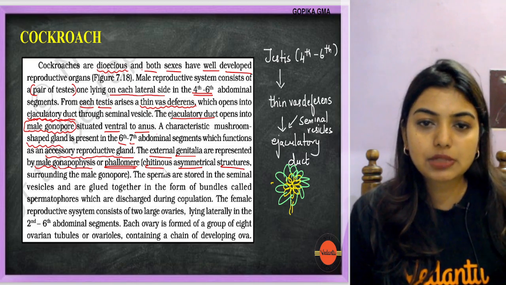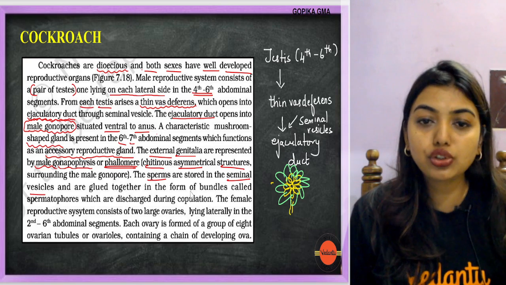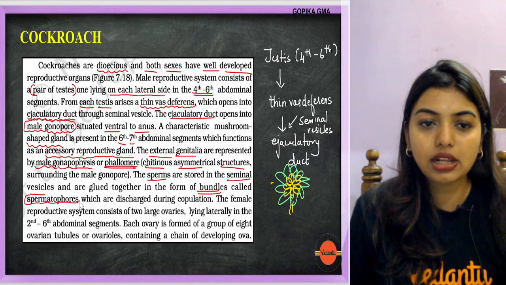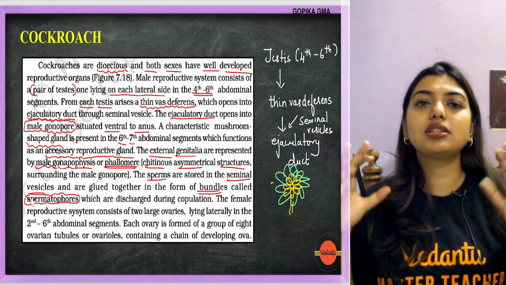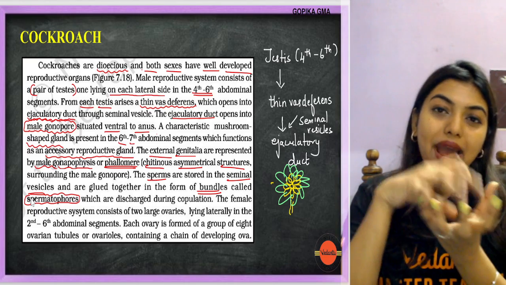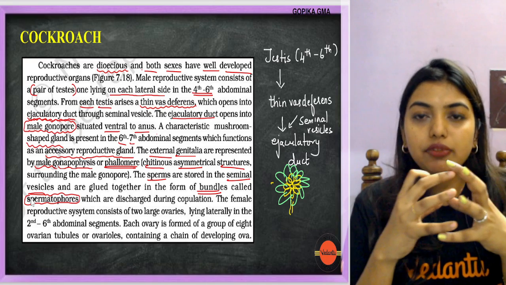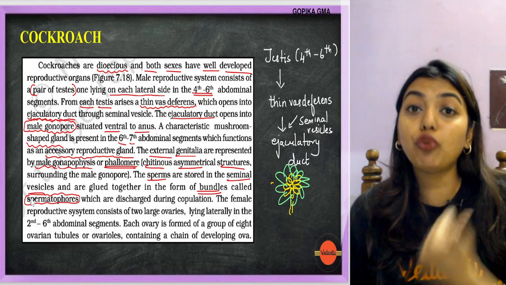Now, the sperms are stored in the seminal vesicle and are glued together in the form of bundles called spermatophores. So, students, unlike in humans, where millions of sperm go as individuals, here a packet or a bundle of sperm goes. This bundle is stored in the seminal vesicle and is called a spermatophore.